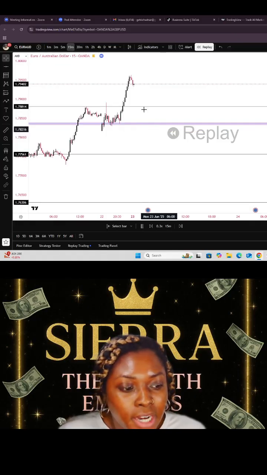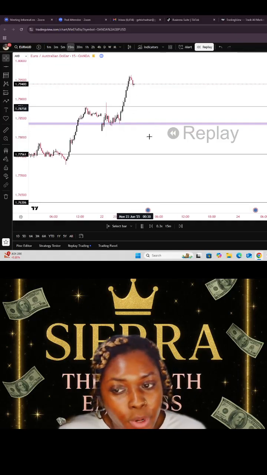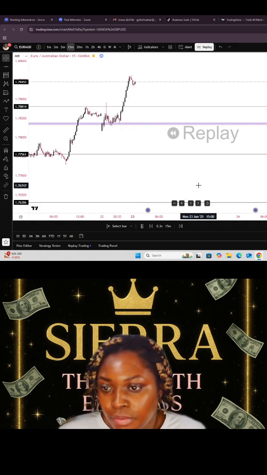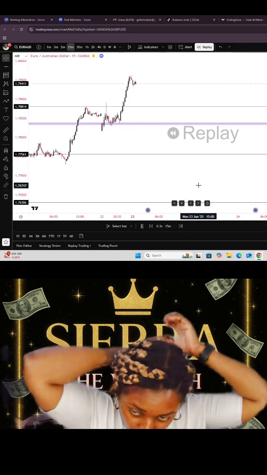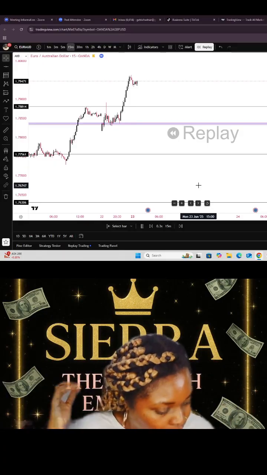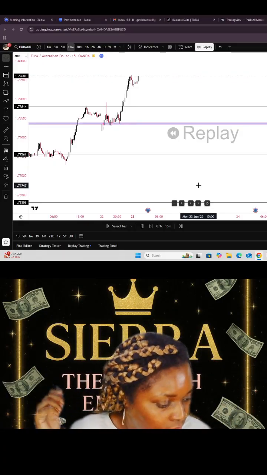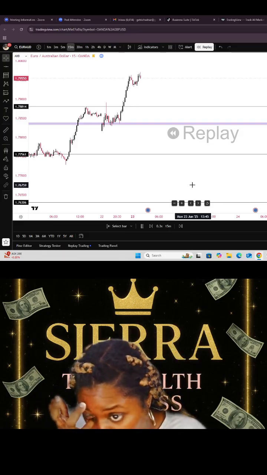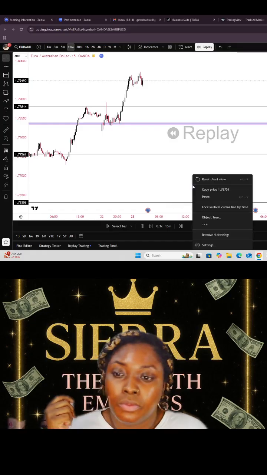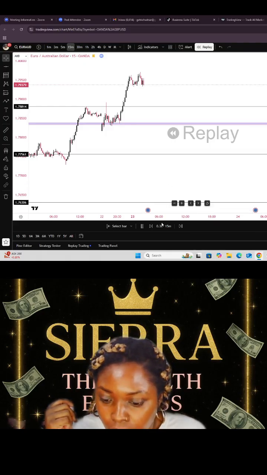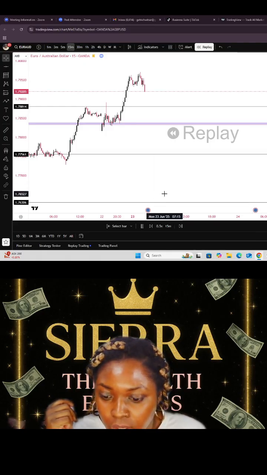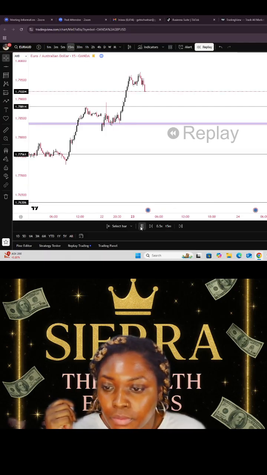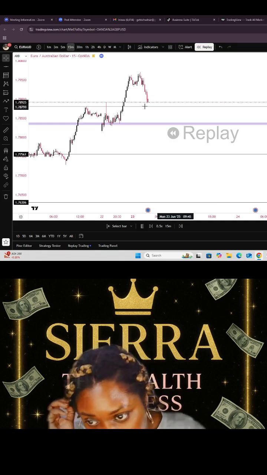And remember, if it does not come back into our zone, we don't have a trade. Let's move it along a little bit. All right, price is coming back near our high.